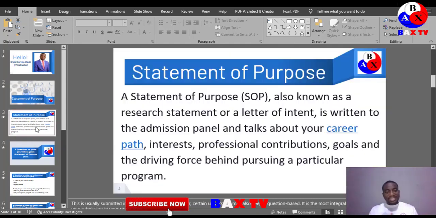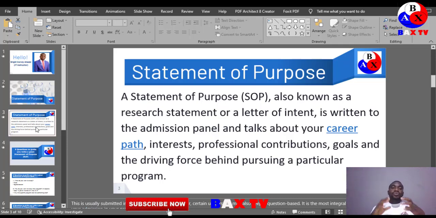So what is it? A statement of purpose, or people call it basically SOP, also known as the research statement or letter of intent, is basically written to the admission panel, or those in charge of admission for any graduate studies or sometimes undergraduate, and talks about your career path, your interests, your professional contributions, your goals, and the driving force behind pursuing that particular program.